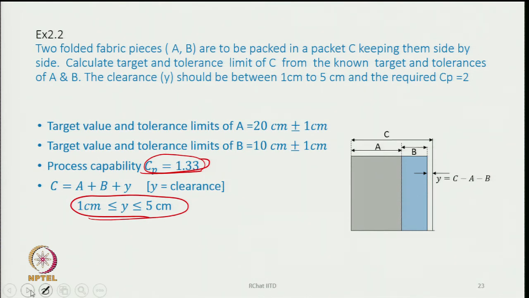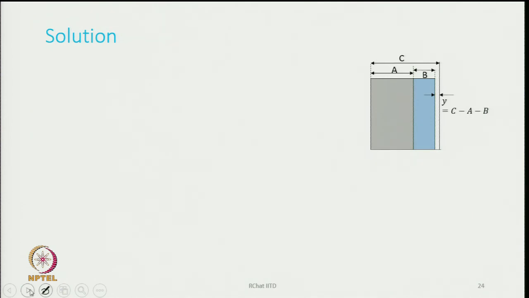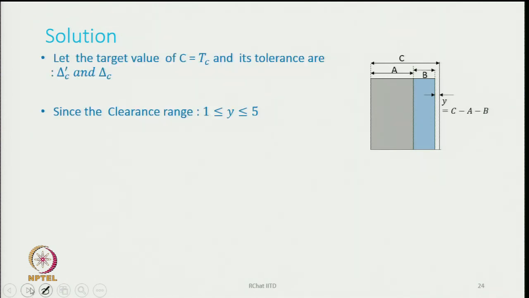So, if we go to the solution, the process will be mostly similar. The target value of C, let us say T c, tolerances are delta dash C and delta C, y is between 1 and 5, already stated.